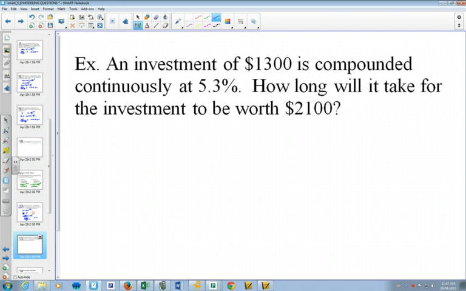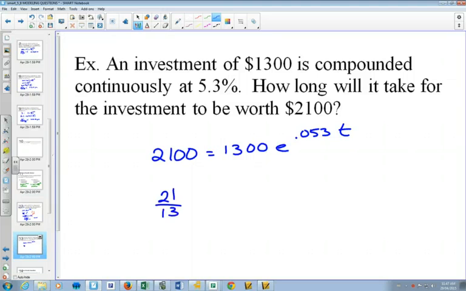Set up the equation. We want it to be worth 2,100. We started with 1,300. It's continuous growth, 5.3%, and we're solving for time. Dividing both sides by 1,300 and simplifying, that'll give me 21 over 13 equals e to the 0.053t. Again, I'll take the natural log because I have a base of e.